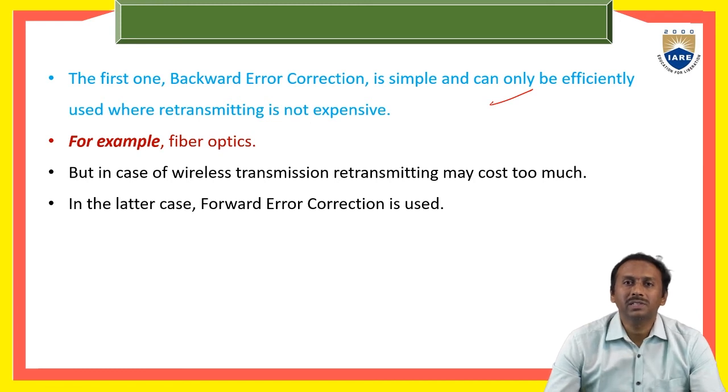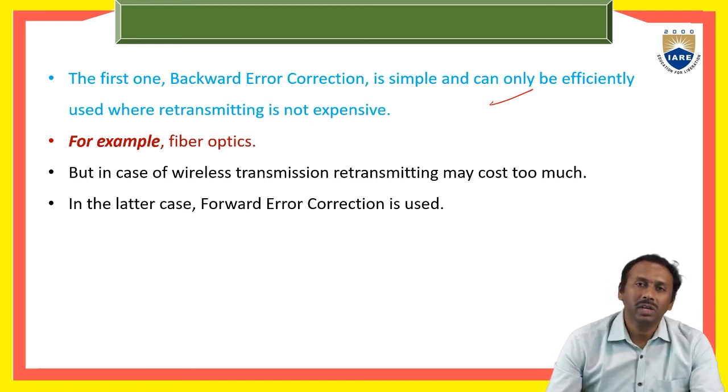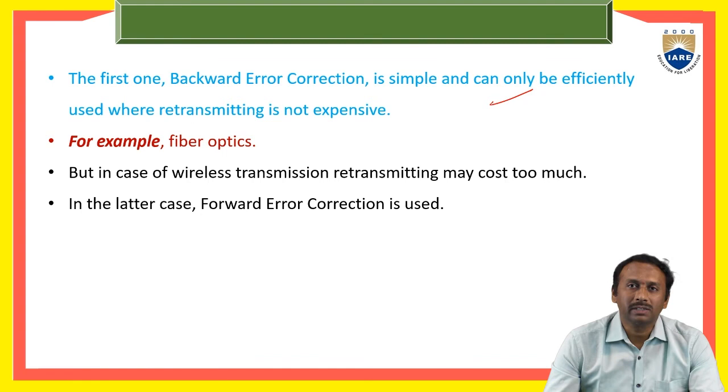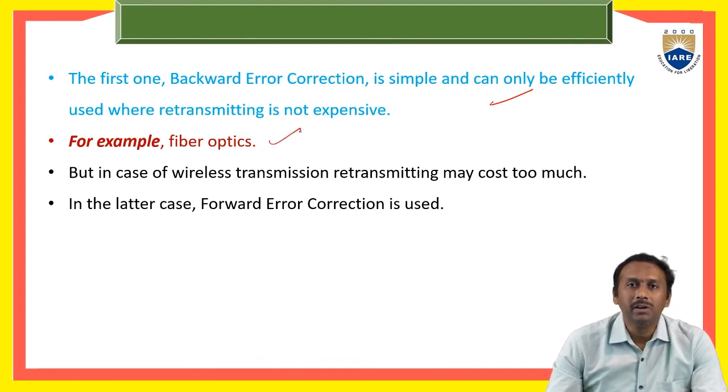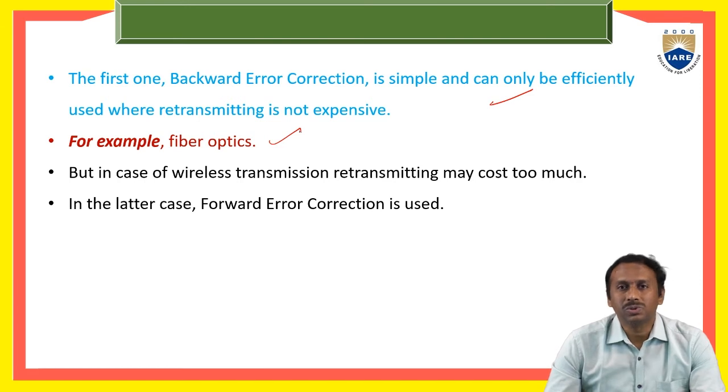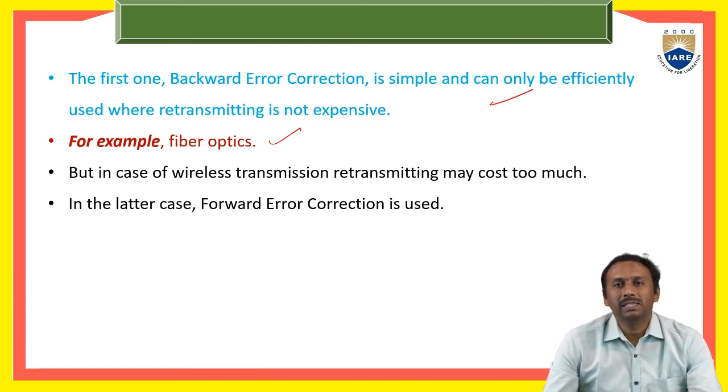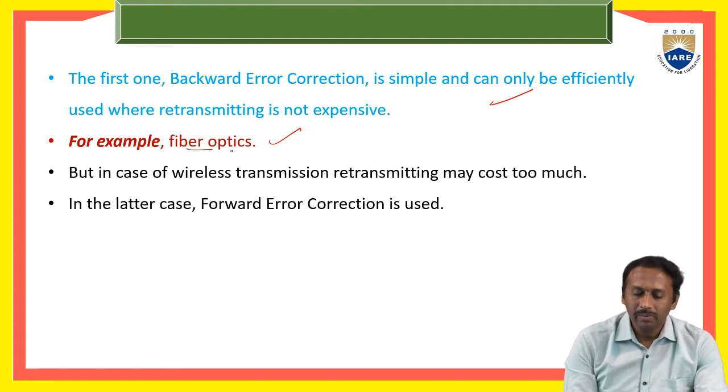For example, take fiber optics as a medium for data transmission from source to destination. We have many different transmission mediums available, but assume that in our example we consider fiber optics.